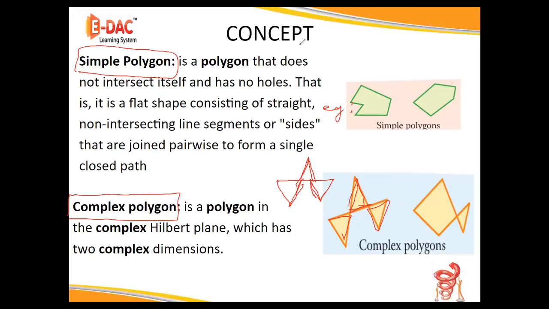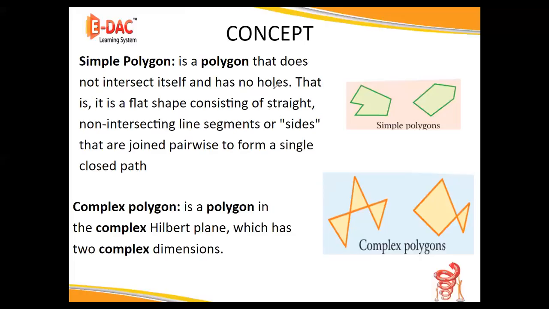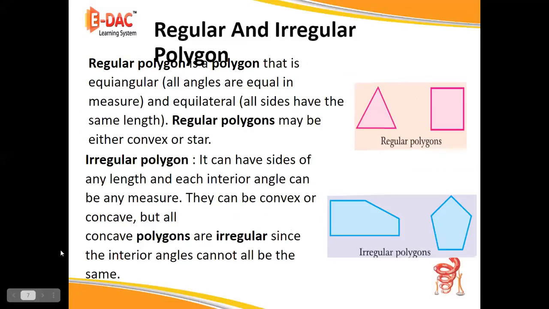Okay, so this is all about simple polygon and complex polygon, and then we'll go on to discuss regular and irregular polygons. A polygon is made up of line segments. So what are regular and what are irregular? I will tell you simply. Regular polygons have sides of the same length, equal in length, equal in angles, and equal in everything.